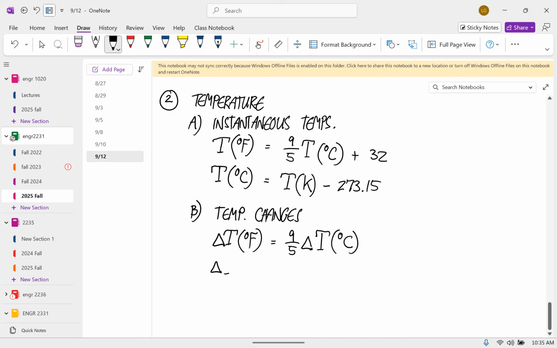And the change in temperature in Celsius is the same as the change in temperature in Kelvin. So 0 Celsius is equal to 273 degrees Kelvin. But an increase of 1 degree Celsius is the same as an increase of 1 degree Kelvin.